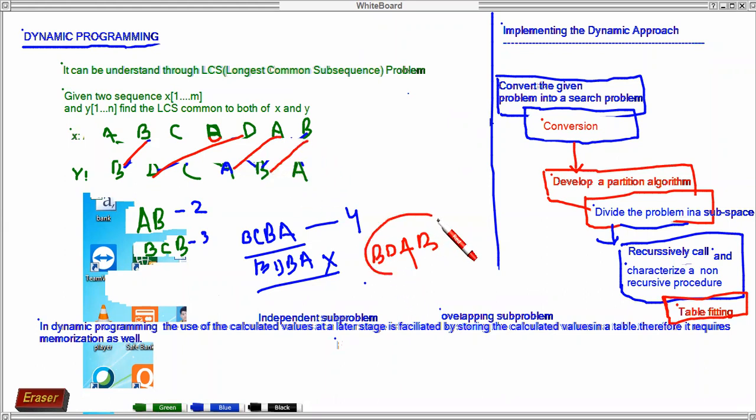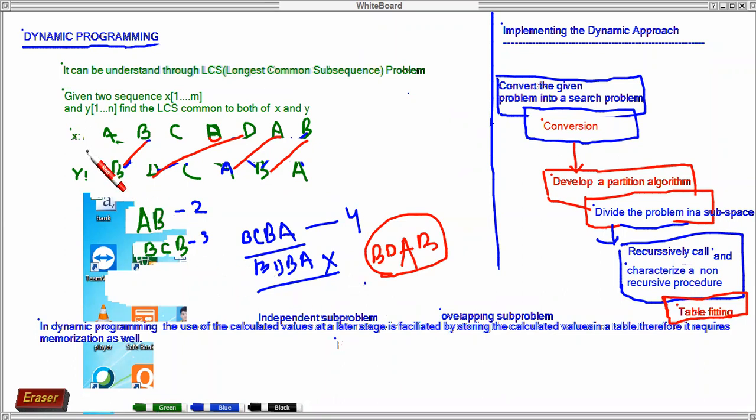It is a subsequence of length 4, yes or no? Are you understanding how to find the subsequences? Any doubt on this? Any questions?